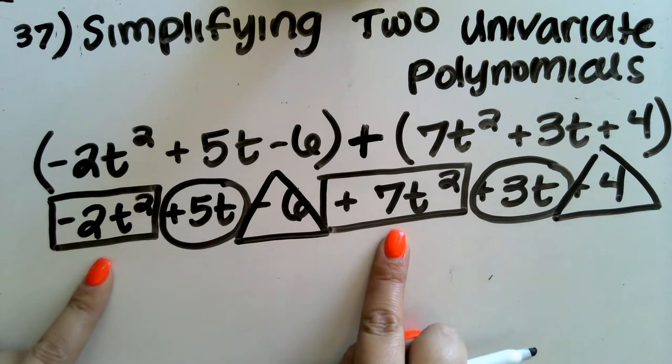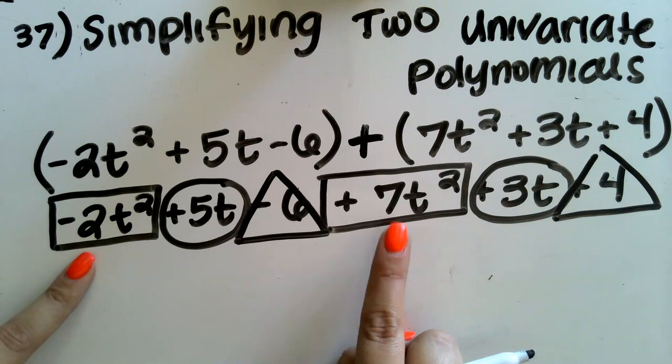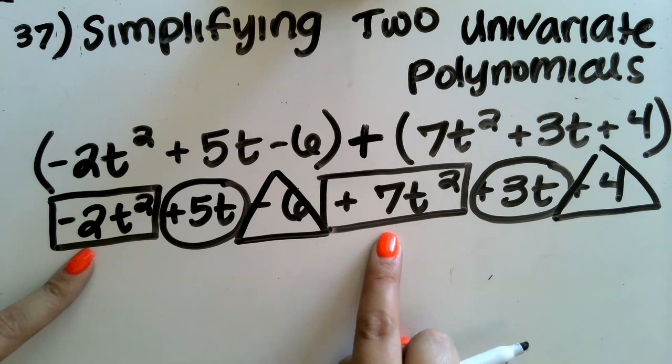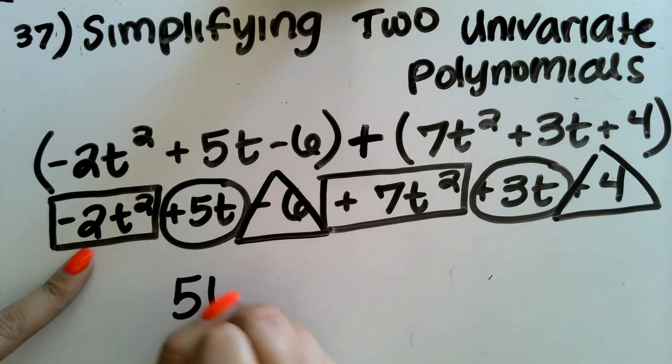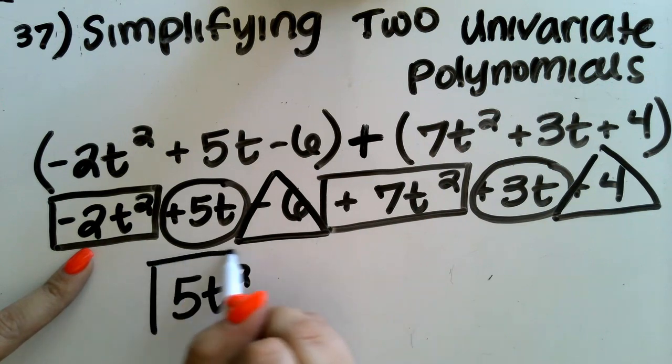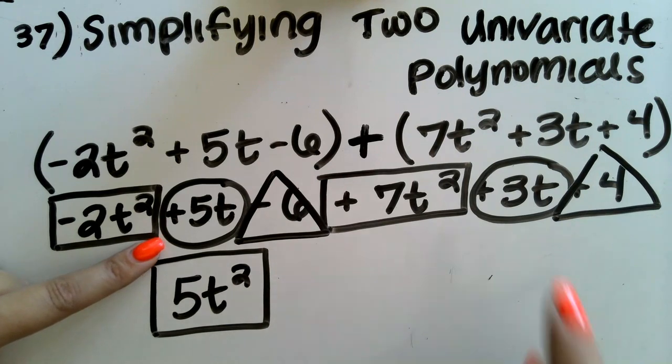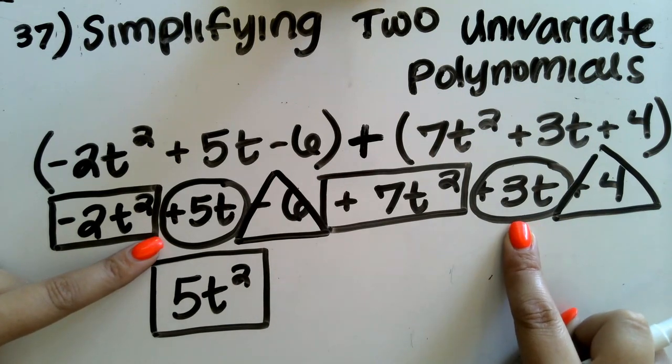Let's go ahead and do the squares first. We have a negative 2t squared plus a 7t squared. Negative 2 plus 7 is 5t squared. Remember, this is our squared component, okay? Next up, let's work with our circles. We have a positive 5t and a positive 3t.